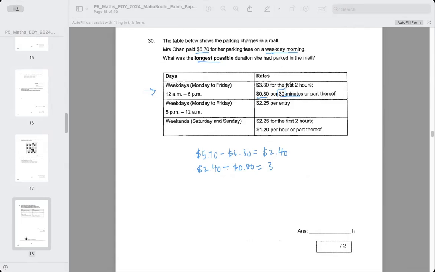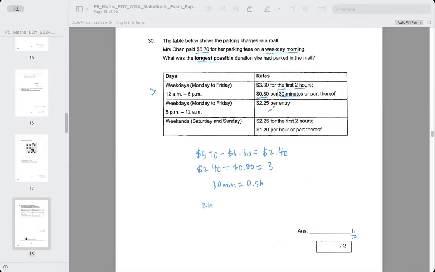Because longest duration means maximum, for every 80 cents she can park up to 30 minutes. Since this question is asking in hours, I will convert the 30 minutes into hours first. 30 minutes is half an hour, which is 0.5 hours. So how long did Mrs. Chan actually park? The first 2 hours, so I'll pick 2 hours.